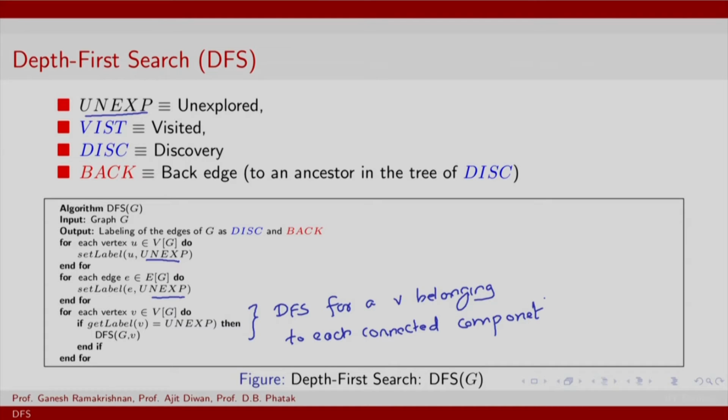Now what is this DFS itself going to do? Like before, DFS is going to assign labels. The node labels we are looking at now are visit. The edge labels like before are discovery. There is a slight difference now.